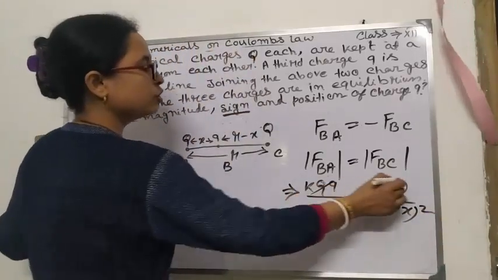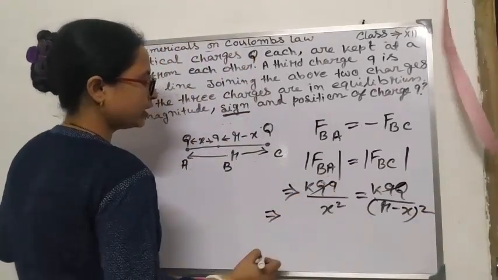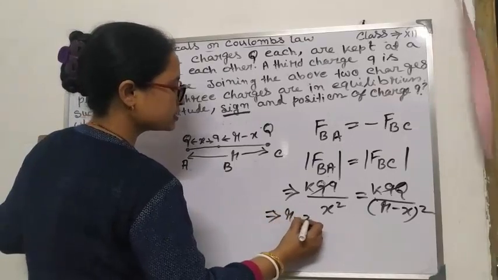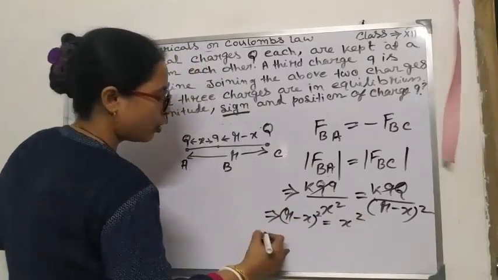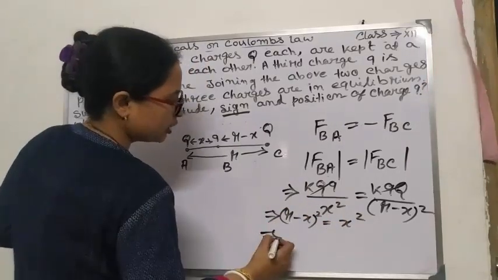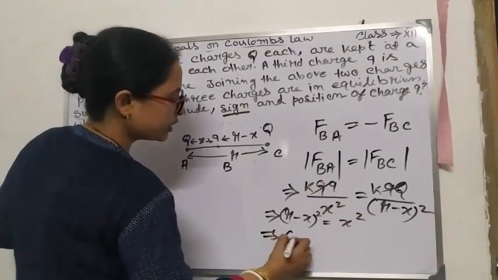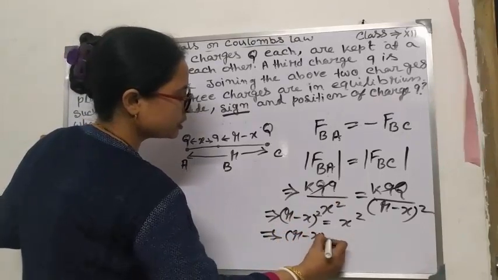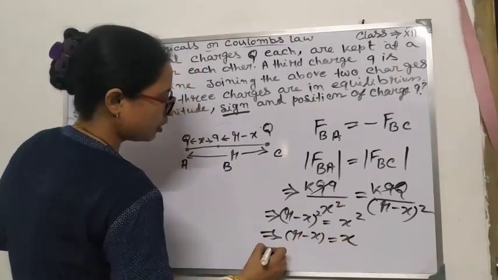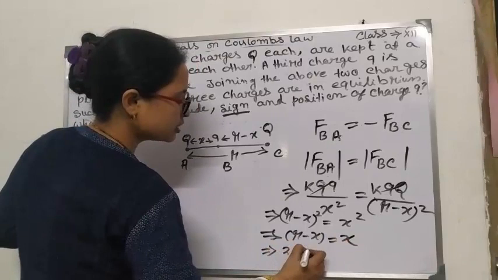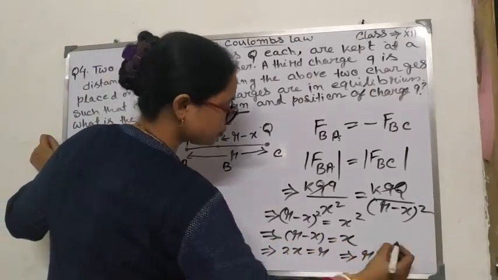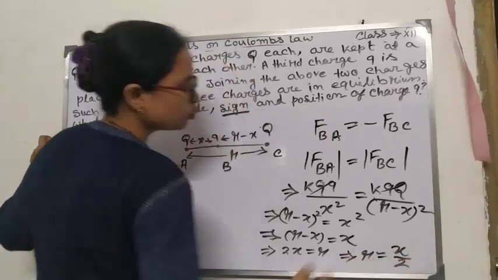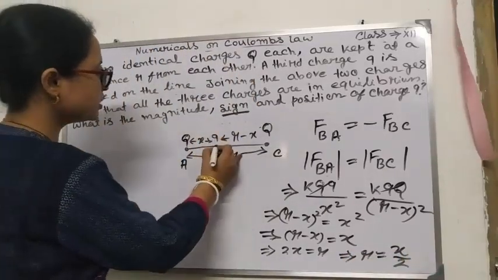Now these cancel, so you can write r minus x whole square is equal to x square. If you take the root, then r minus x is equal to x, or 2x is equal to r, that means x is equal to r by 2.